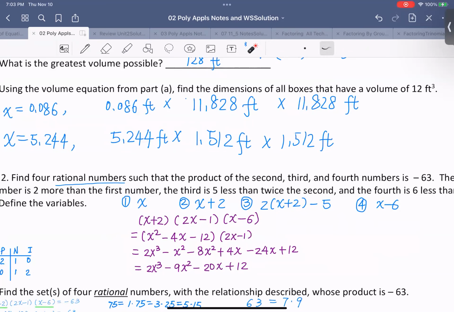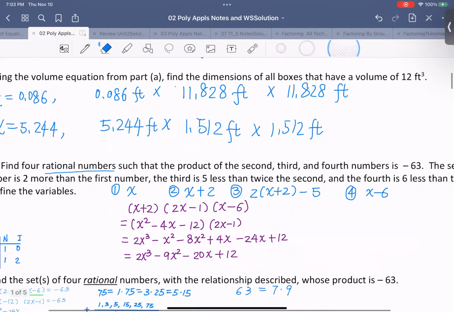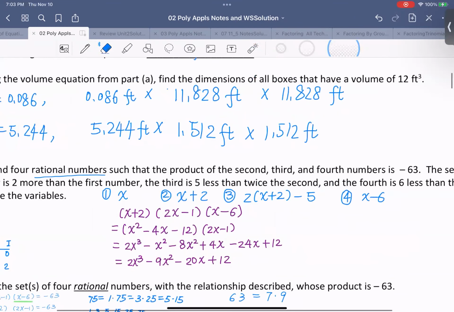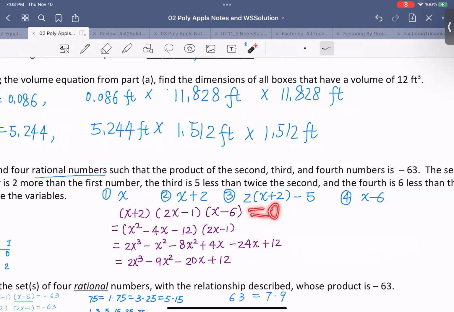Oh, hold on. I have a typo. Sorry, Claire. We are not making this equal 0. We are making this equal negative 63. So it's okay, we fix here. We will add 63, right? So it's 75. So we will get rid of this one.